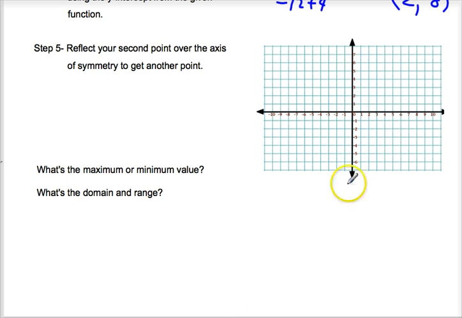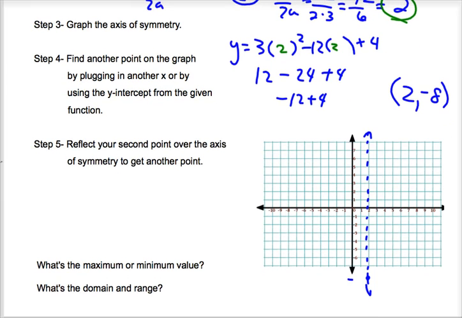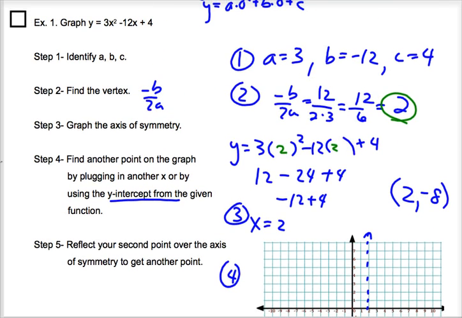Well, I went down to negative 7, so I guess it's right here. There's 2, negative 8. Then I said find the axis of symmetry. Well, that's a vertical line that goes through that vertex. And the axis of symmetry, step number 3, would be x equals 2 on this one. Find another point on the graph, step 4. Another point on the graph is simply the y-intercept, and the y-intercept is that last number, 4.